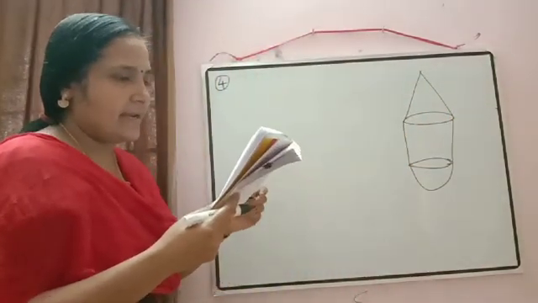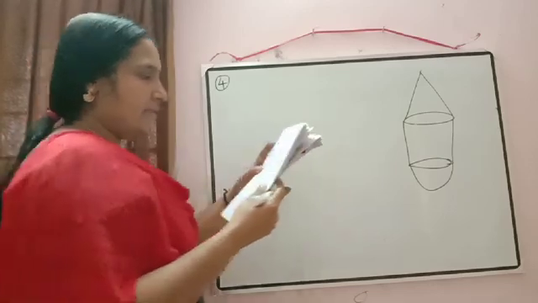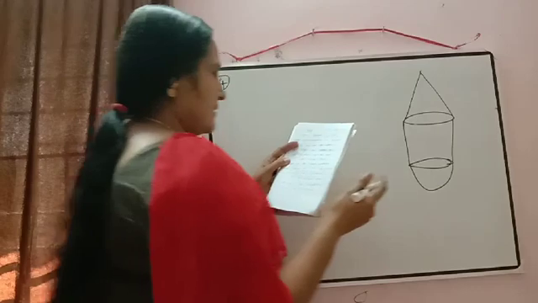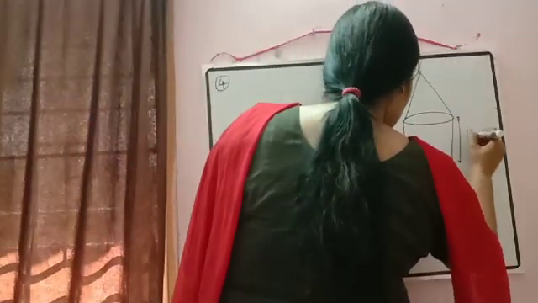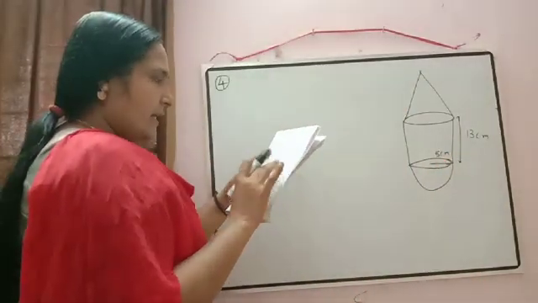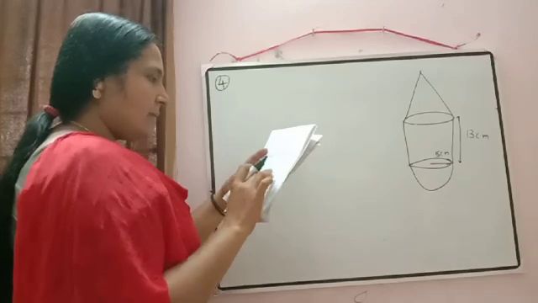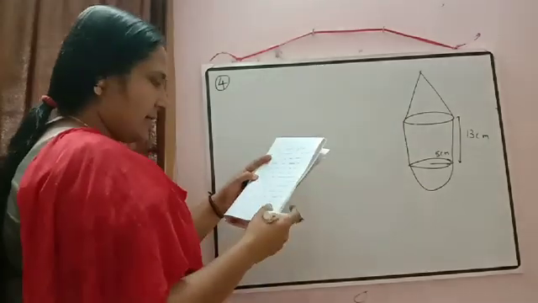The height and radius of the cylindrical part are 13 centimeter and 5 centimeter. So height of the cylindrical part 13 centimeter and radius 5 centimeter given. The radii of the hemispherical and conical part are the same as that of the cylindrical part.